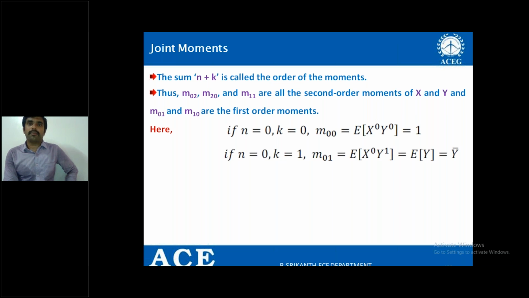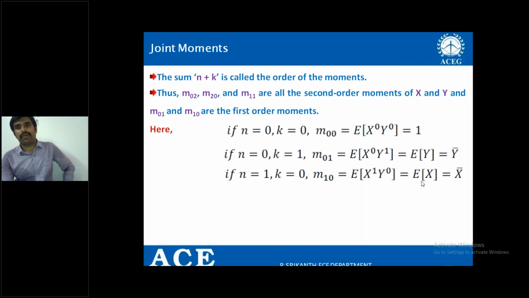It gives the mean value of the random variable y, m01. m10 will give the mean value of the random variable x. It is one of the statistical parameters. This y bar is the statistical parameter mean, and x bar is the statistical mean of x. In the sense, the first order moments are giving the mean values of the random variables.